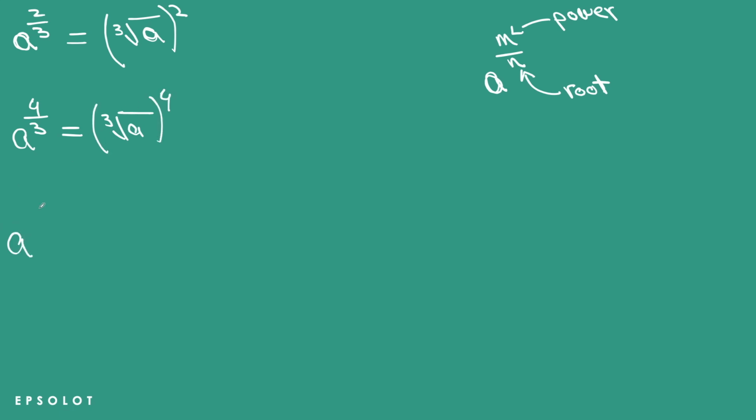If it was the other way around, 3 over 4, then you would write a, but now with the fourth root, to the power of 3. That essentially is how you work with fractions that have two different numbers.